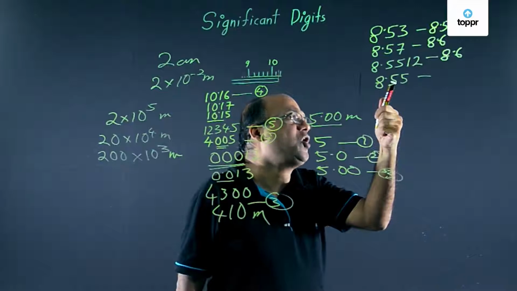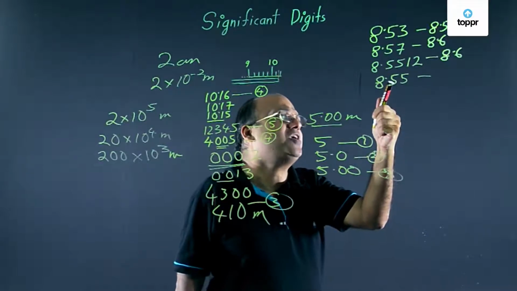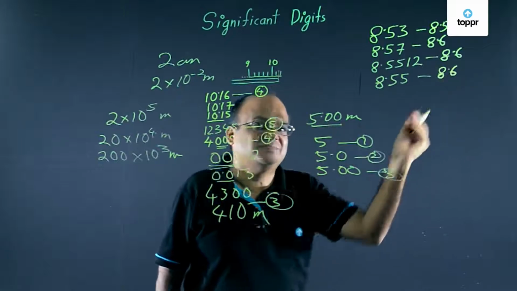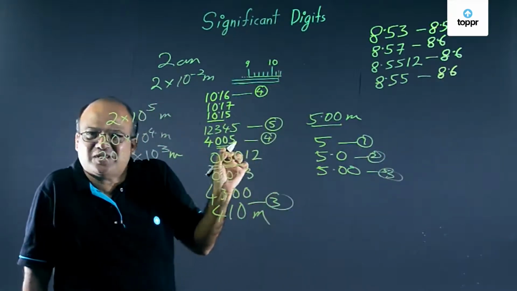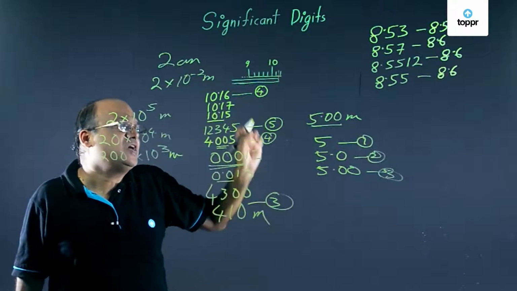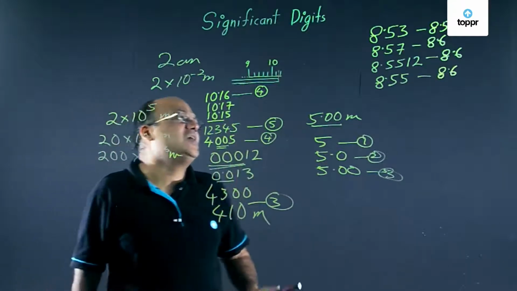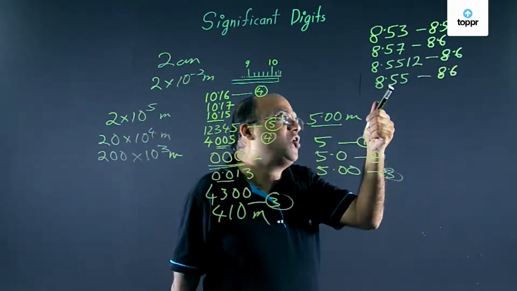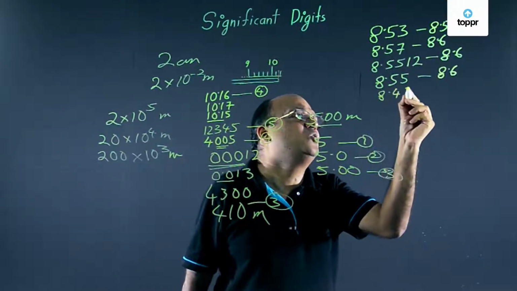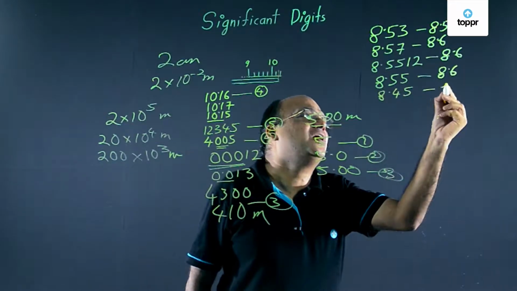This is an odd number. So if an odd number is there, we increase it by 1. Pay attention here. This is the only thing you have to be careful about. When we round off 8.55 to 1 decimal place, we look at this number. If it is odd, we increase by 1. If it is even, we leave it unchanged.